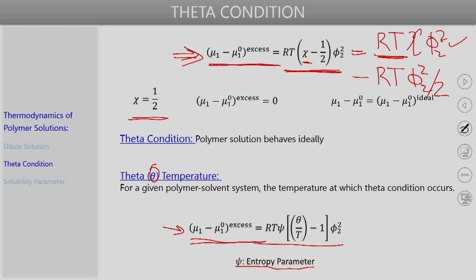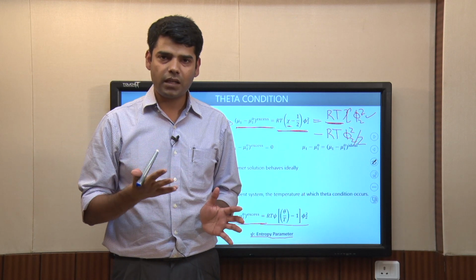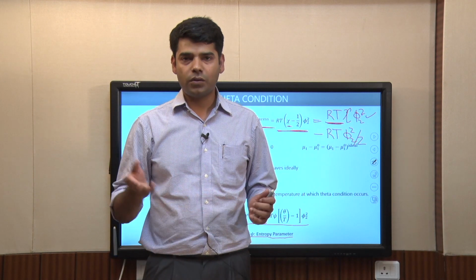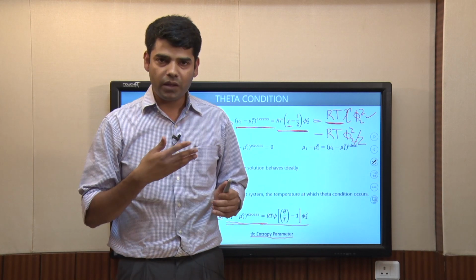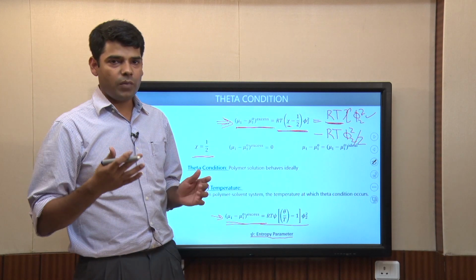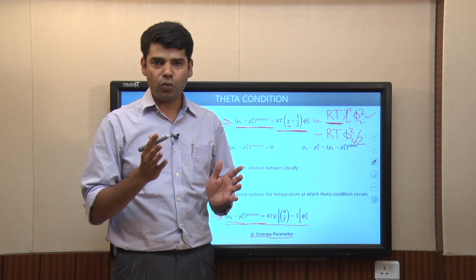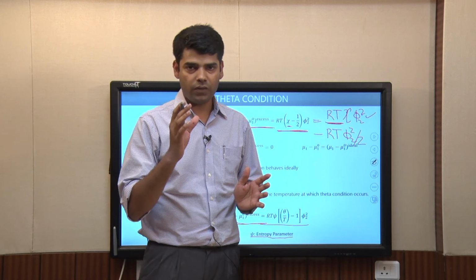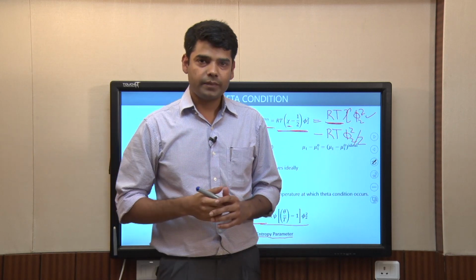Such a condition, where the excess chemical potential difference is negative, favors mixing. The more negative this excess chemical potential value is, the more favorable the dissolution of the polymer in the solvent will be. What that implies is the lesser the value of chi with respect to half, the better the mixing will be.